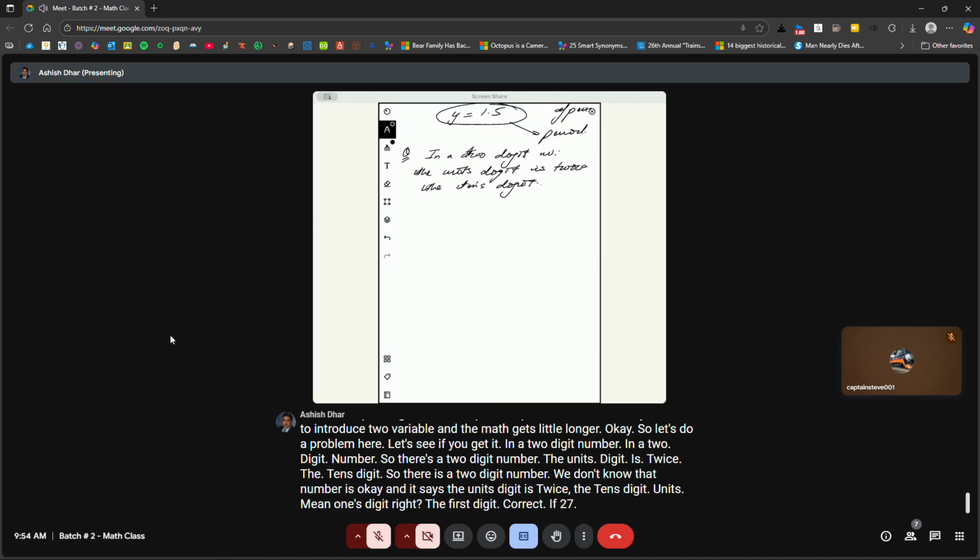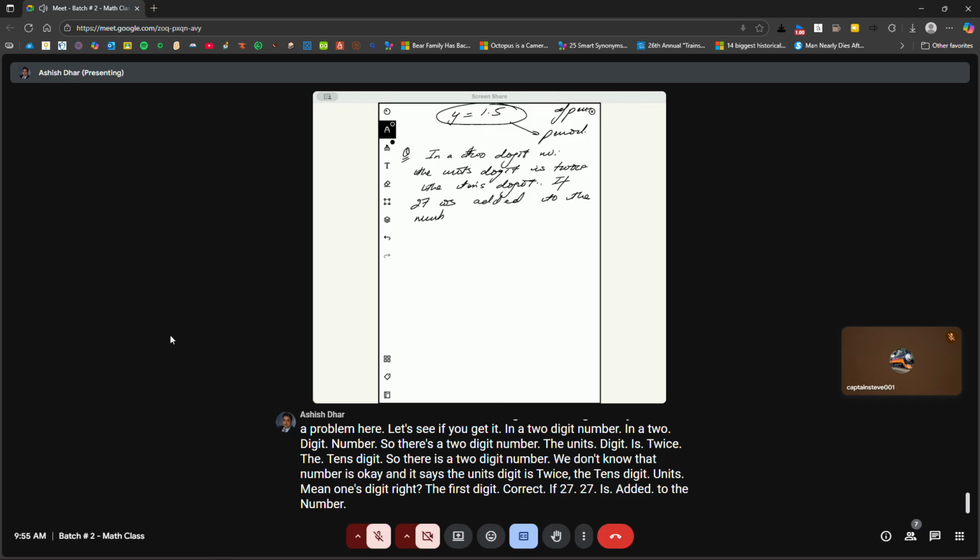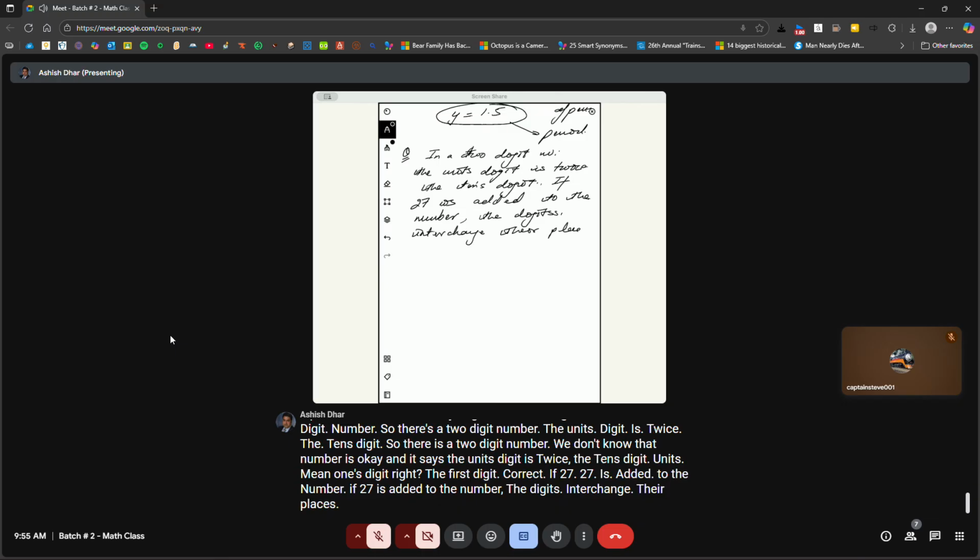If 27 is added to the number, the digits interchange their places.